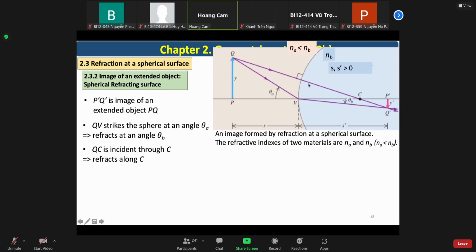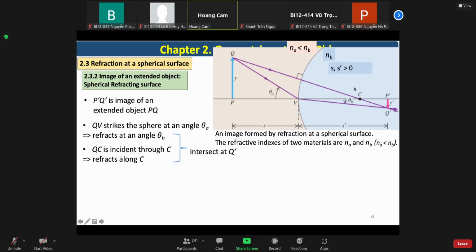For that case, they don't use, for example, QC incident through C in the reflecting case. Here, for the refracting case, the light is incident to the interface and then transmits to the second material. So that's why they also write here: QC is incident through C, and so reflects also along C.